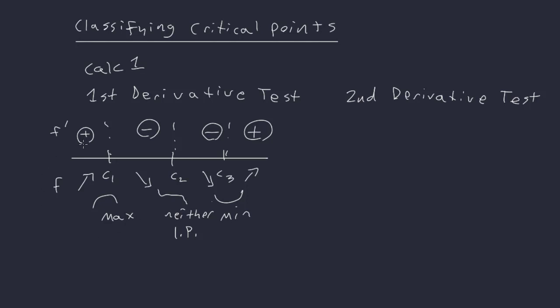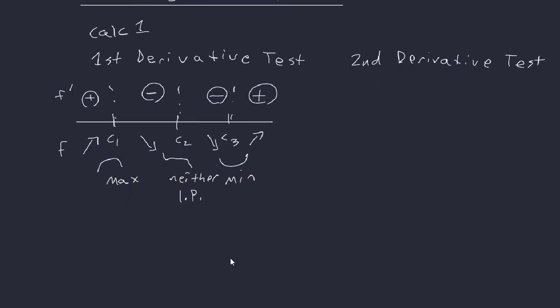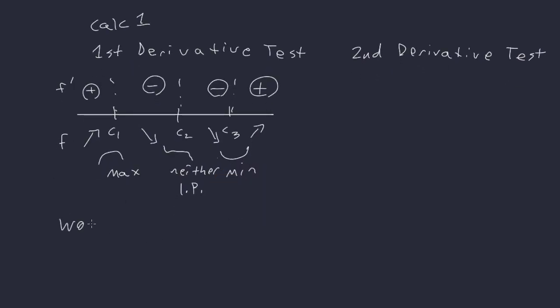I find whenever I teach Calculus 1 that students tend to prefer this method, and that's perfectly fine. It's actually a pretty good method for the most part. It will always work, and you don't have to take another derivative. However, it's not going to move to Calculus 3.